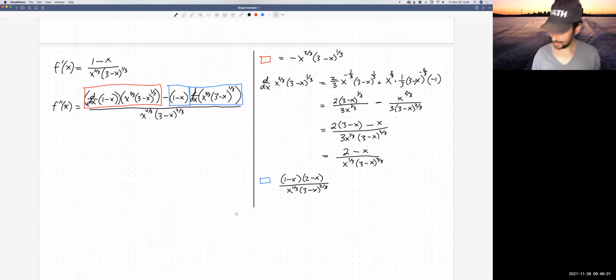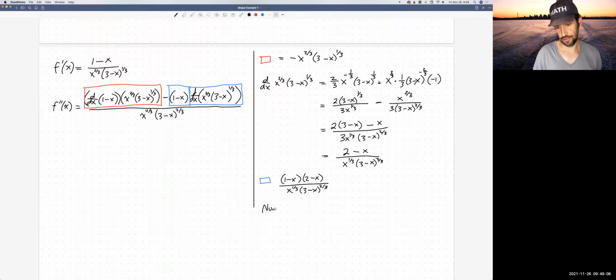So let's look at the entire numerator now. The entire numerator is the red box minus the blue box.